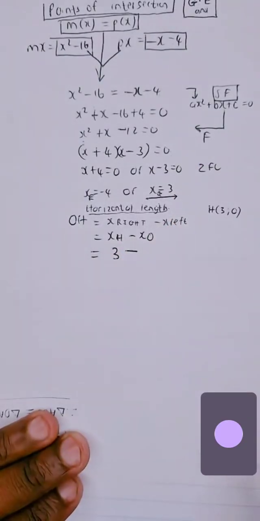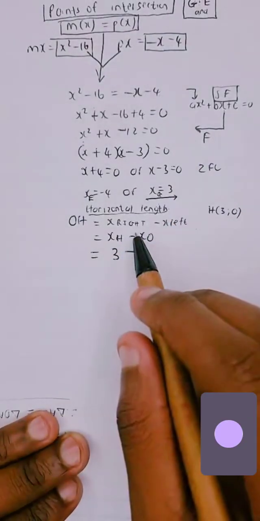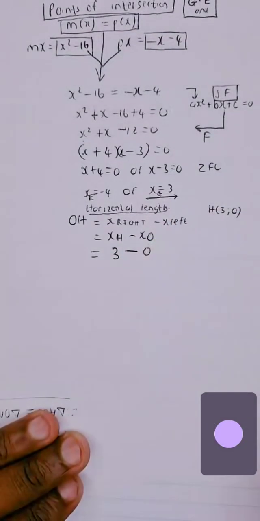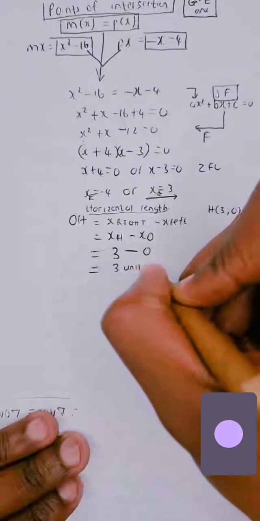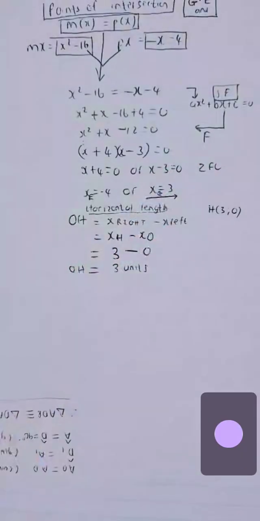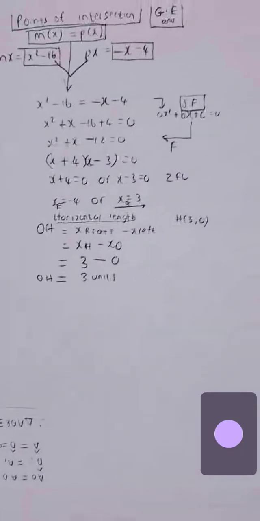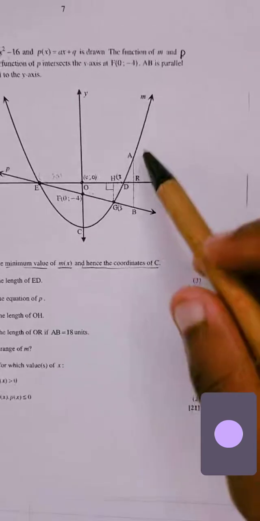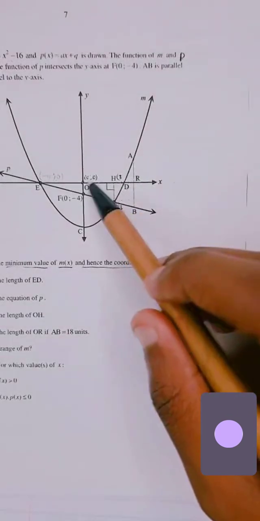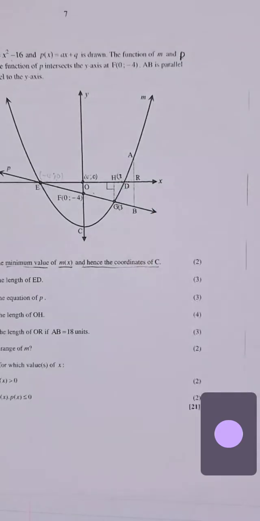The minus sign is there in the formula. X-coordinate of O is 0. What's 3 minus 0, Z? 3. So we have OH, which is equal to 3 units. That is the horizontal distance of OH.